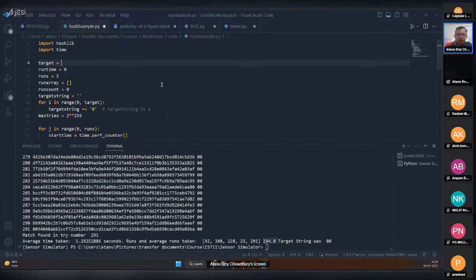What happens if I try it out with a target of 3, and I am going to iterate over fewer runs just for the sake of time?